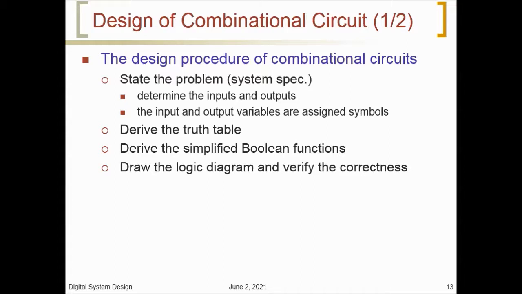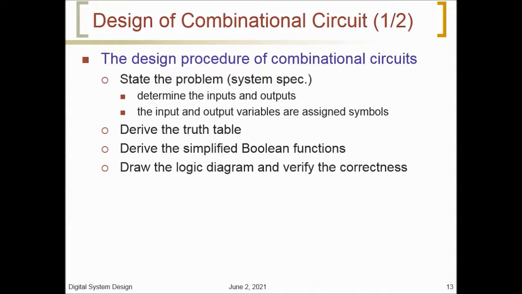A truth table for combinational circuits consists of input columns and output columns. The input columns are obtained from the 2 to the power n binary numbers for the n input variables. The binary values for the output are determined from the stated specification.